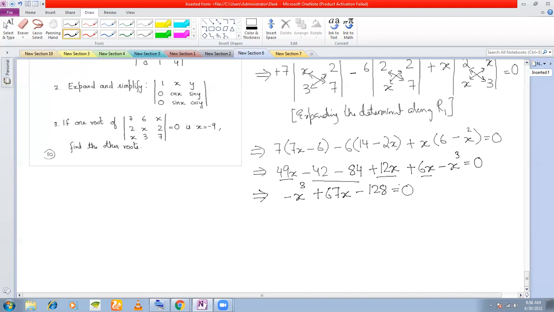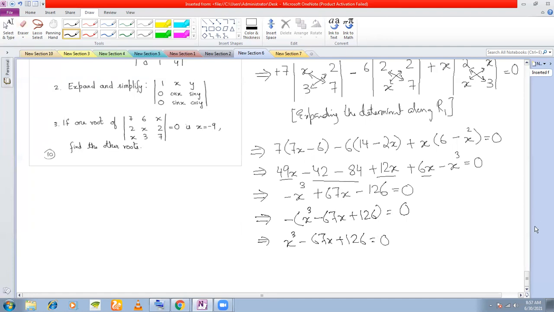So 126, this is not 128, this is 126 if you add up. 126 is equal to 0. So now you can take the minus sign common and write it as x cube minus 67x plus 126 is equal to 0. That means x cube minus 67x plus 126 is equal to 0.